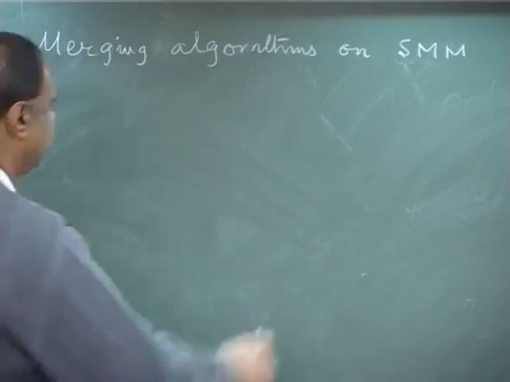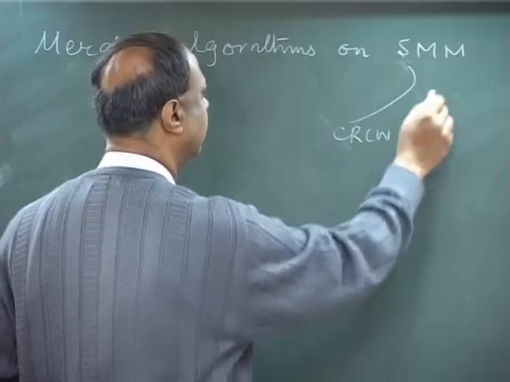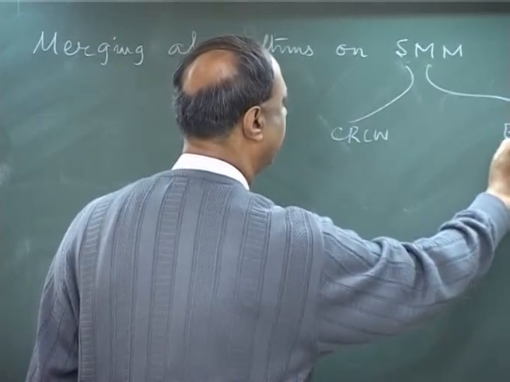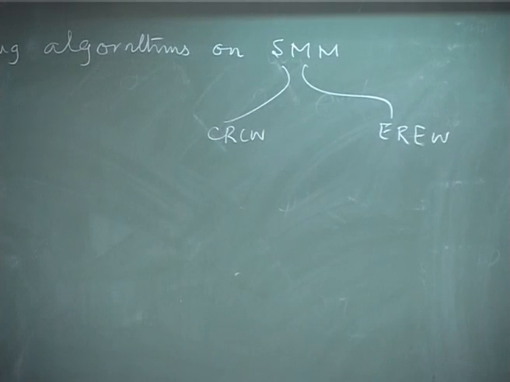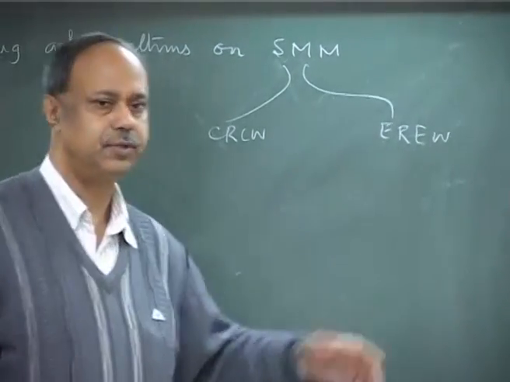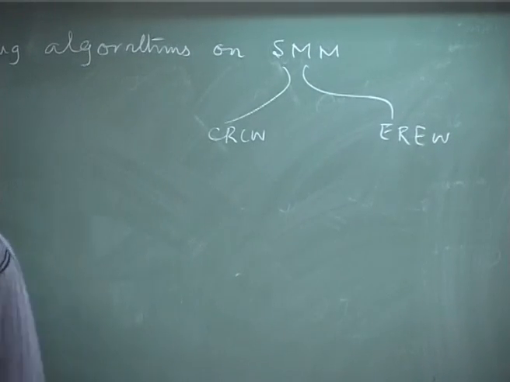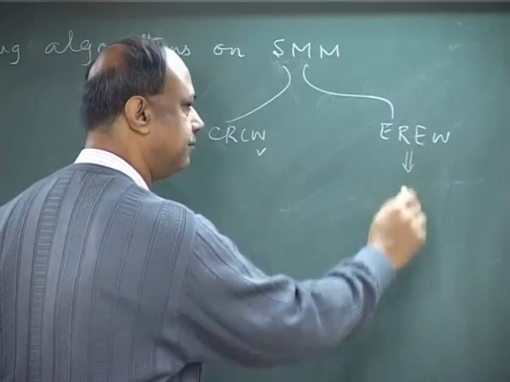First we'll see the CRCW model, and then we'll see how to write an efficient algorithm on the EREW model. If we can cover both these algorithms today, good; otherwise at least we'll try to finish this one and some part of that.